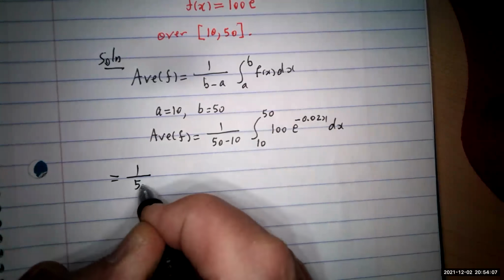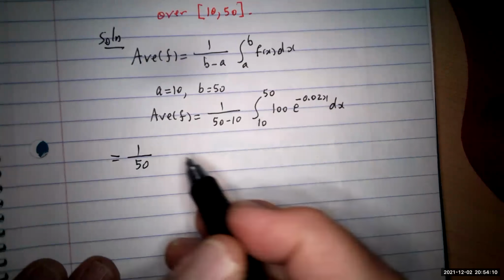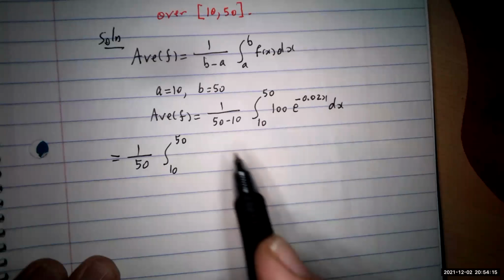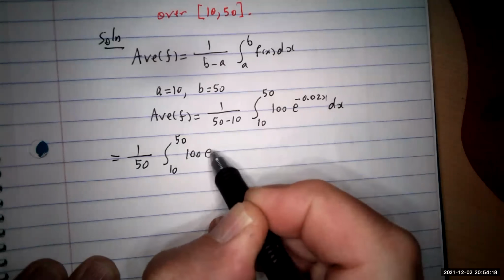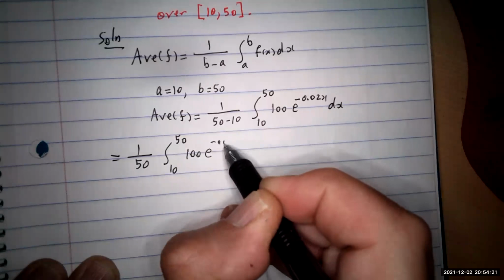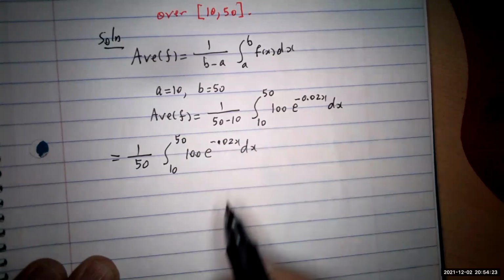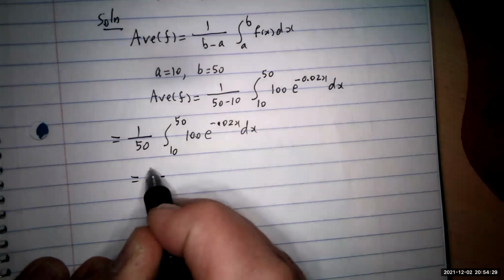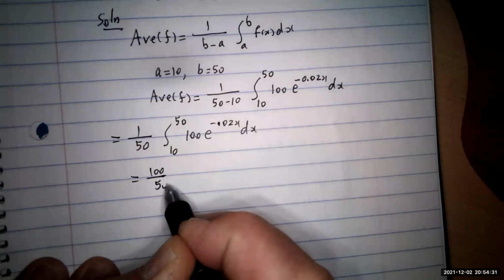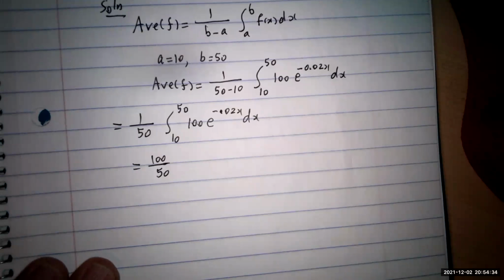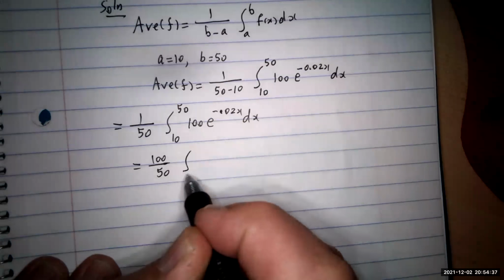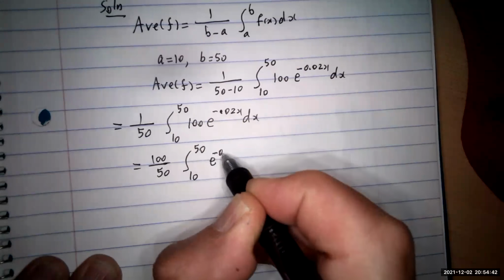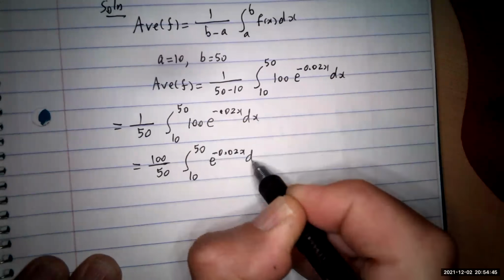So it's 1 over 40, integral from 10 to 50, 100 e to the negative 0.02x dx. 100 is a number, you can put it out. So that gives 100 over 40, integral from 10 to 50, e to the negative 0.02x dx.